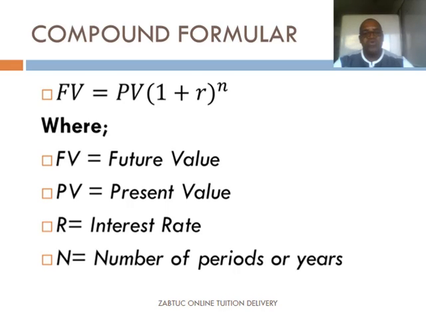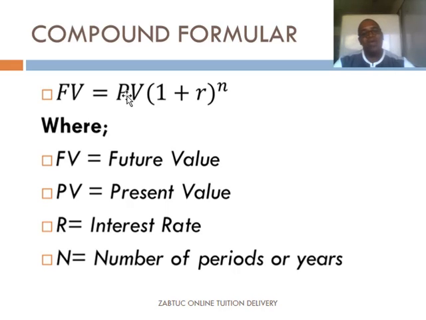So according to this formula, after so many years, the future value can be estimated by taking the present value, or the amount today, and adding interest using the compound factor. So in compounding, we take the present value and say how much it would be after so many years.